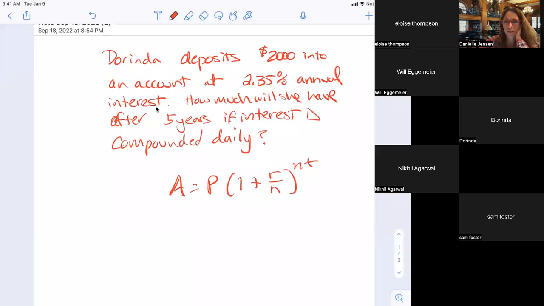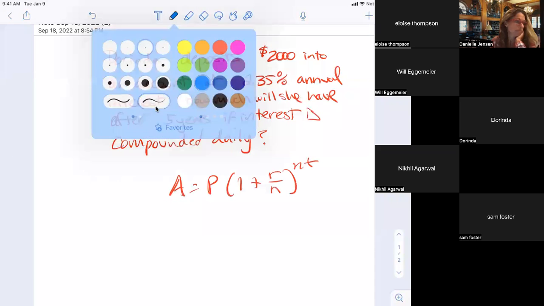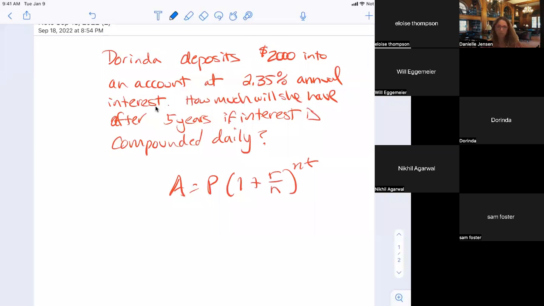So which variable are you solving for in this case? Anybody? What are we solving for here? A. Yeah, how much she'll have after a certain period of time, the amount, yep.